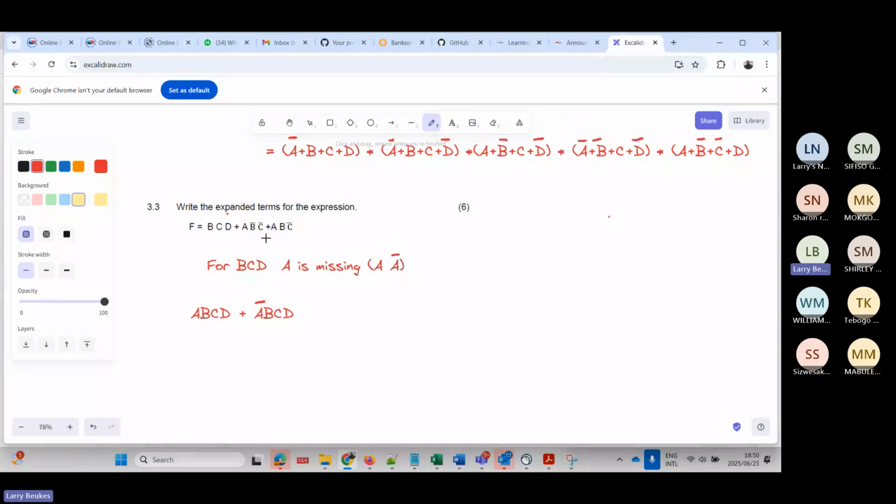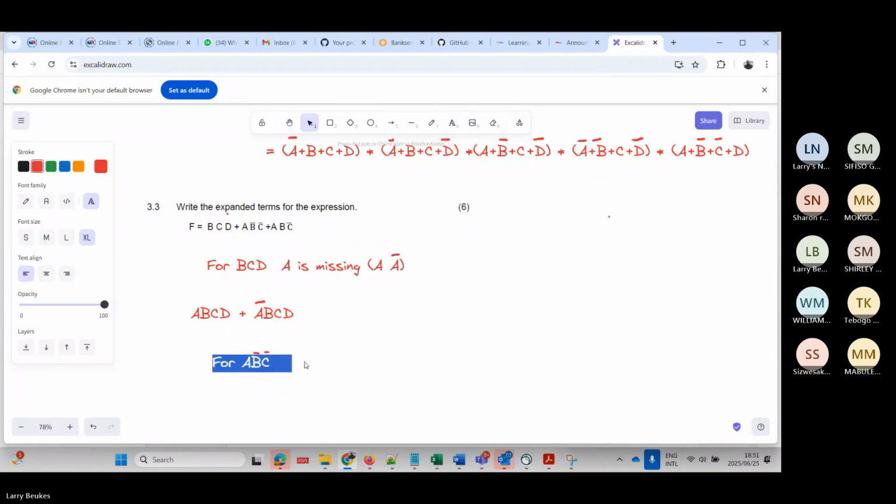So now for ABC, for A, B not, C not, D is missing.